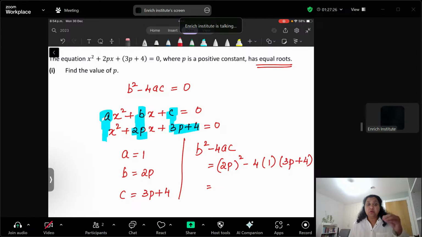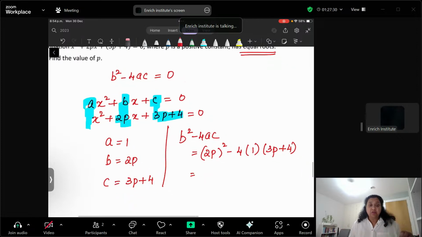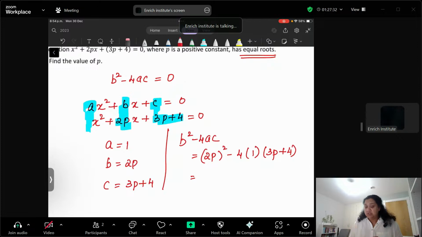If not full marks, you will get some marks. So write whatever is possible within the answer sheet, so that the examiner can give you marks. Simplifying this, it will be 4p square minus 12p minus 16 is equal to 0. b square minus 4ac is equal to 0.